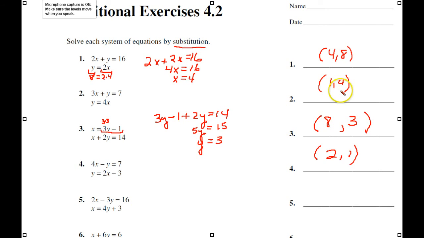And if you'd like to try any of these, here's the answer for 2, and there's the answer for 4. And keep in mind the answer key is in the back of any additional exercises you've downloaded.